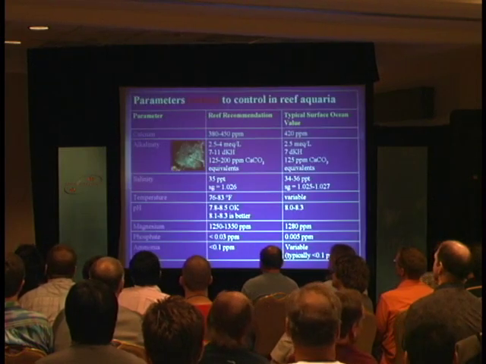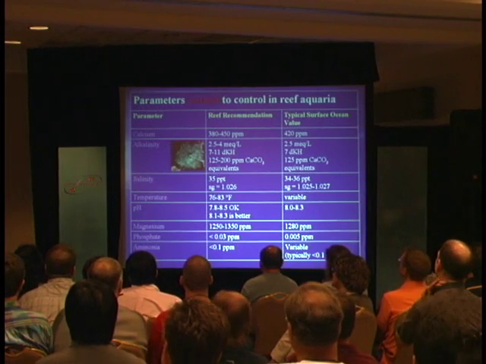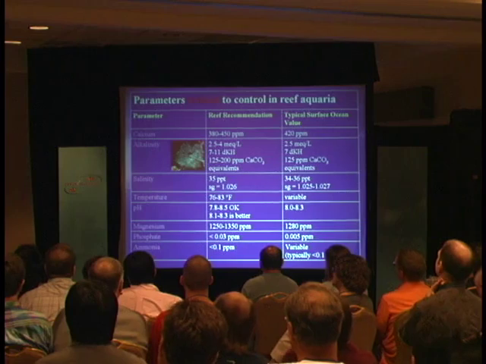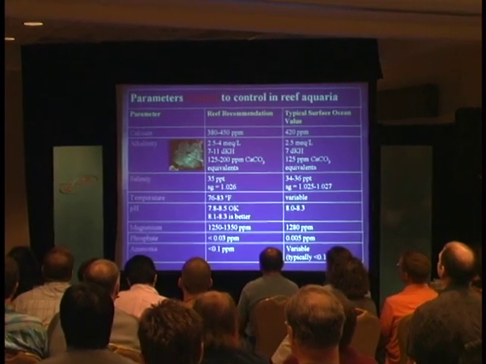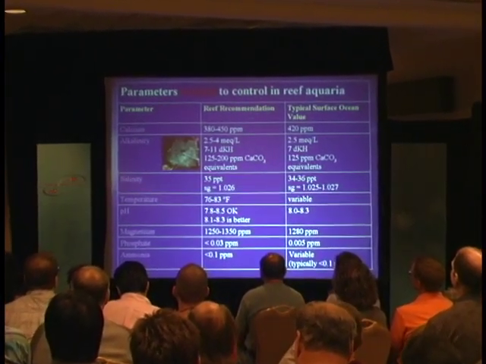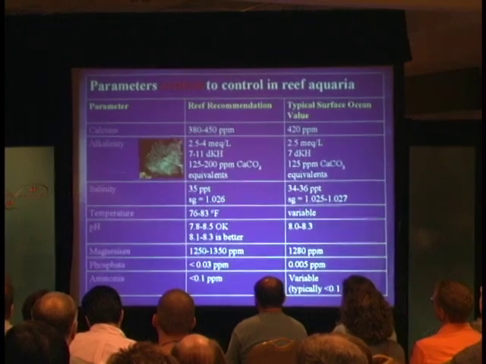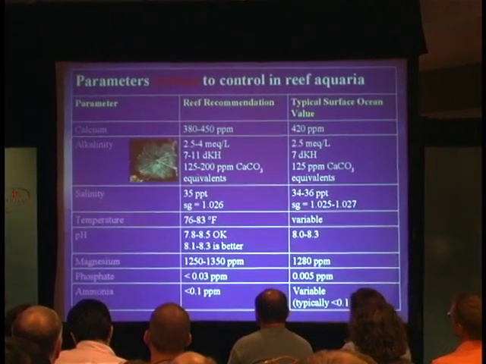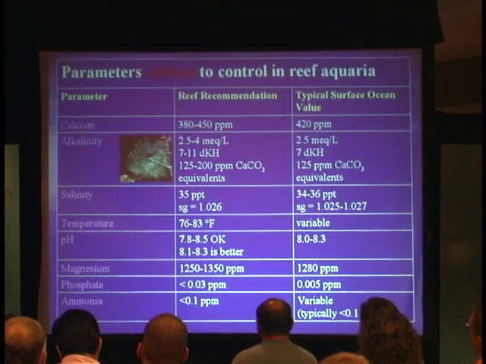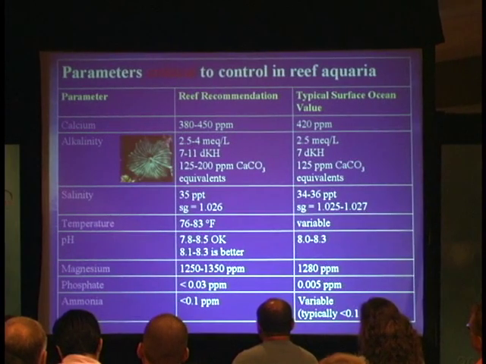So when you're looking at all the things that people worry about in a reef aquarium, definitely calcium and alkalinity are top on the list. I'll go into these in much more detail, but there are guidelines that people keep at it, and usually it's not too hard to keep these where you want them as long as you have some mechanism for doing that.